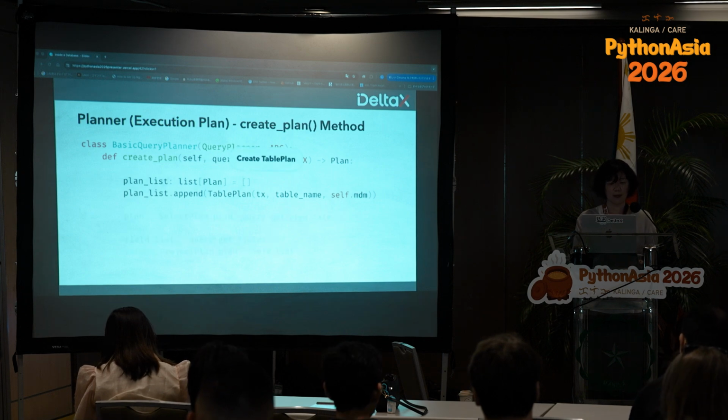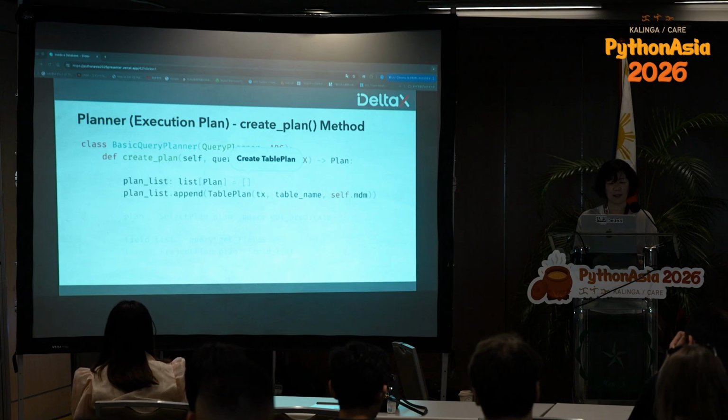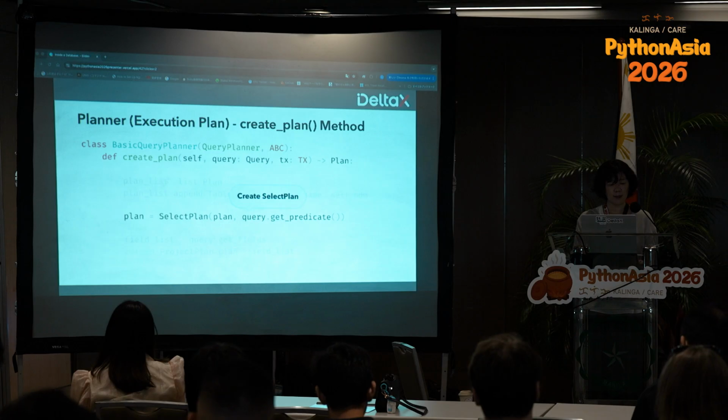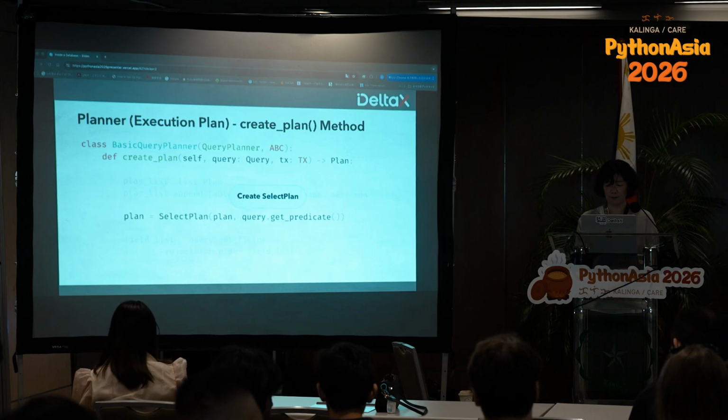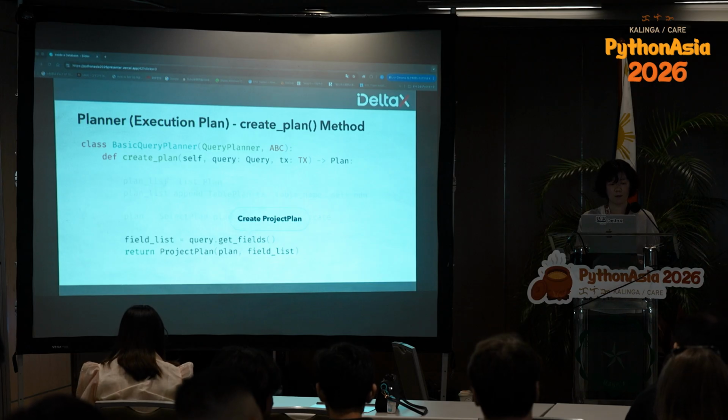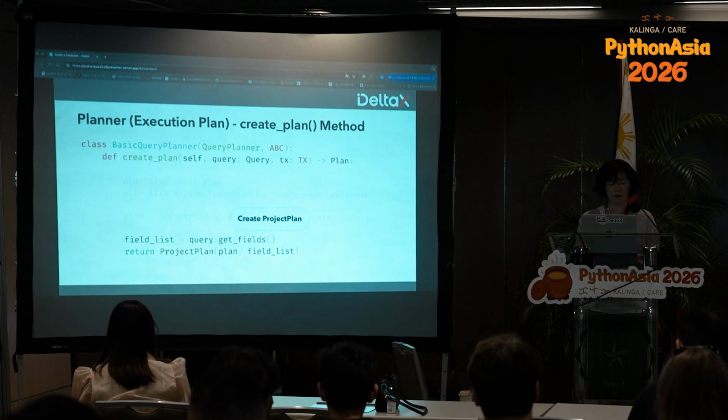First, we create a table plan to decide which table to access. Next, we add a select plan to filter records using the where condition. Finally, we add a project plan to extract only the specified fields.